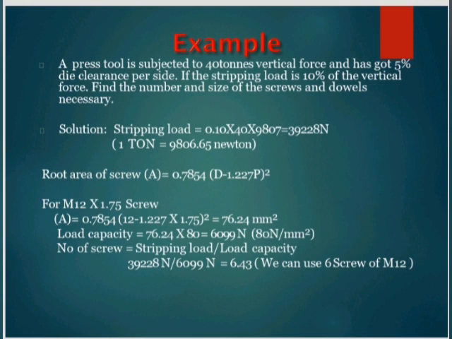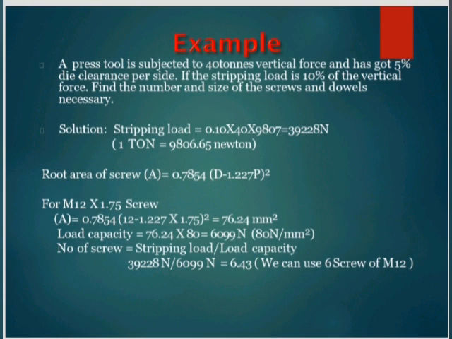Now root area of screw is equal to 0.7854 into d minus 1.227 p square. If we take M12 screw, then M12 screw has 1.75 pitch.